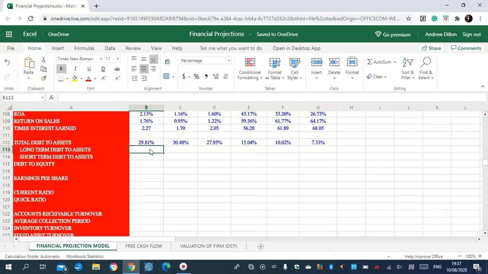Yes, very well. Now let's move on to the short-term debt to assets.